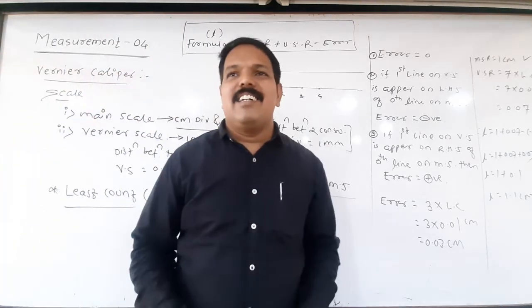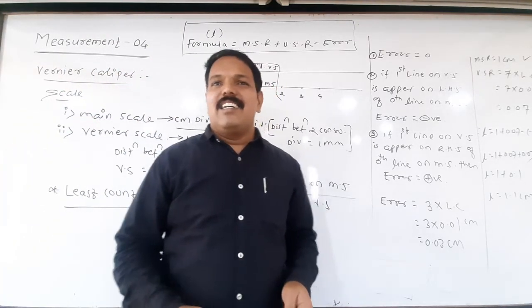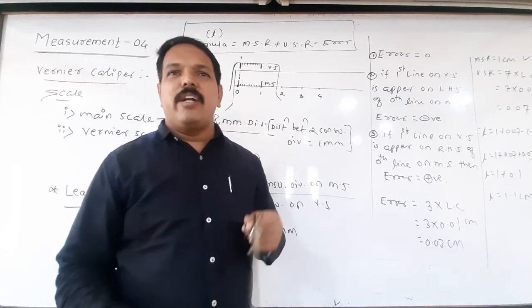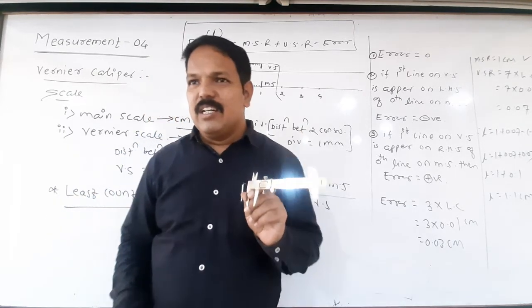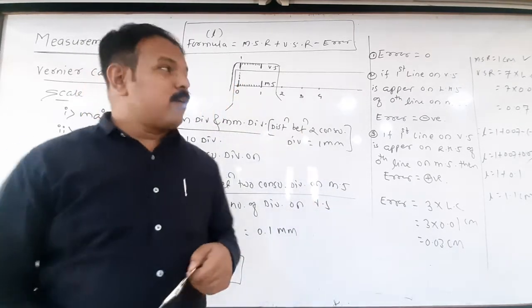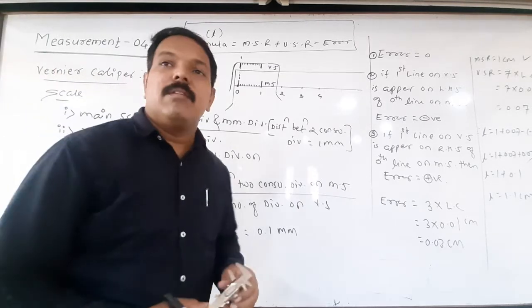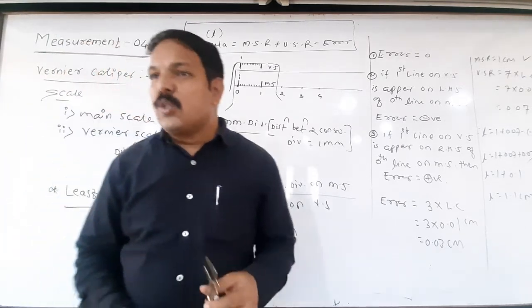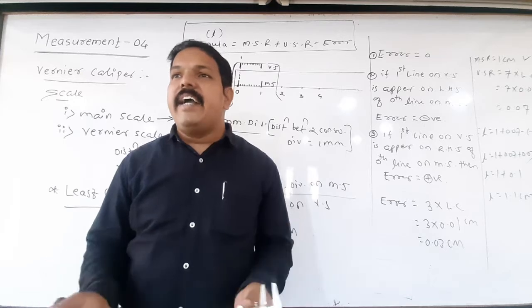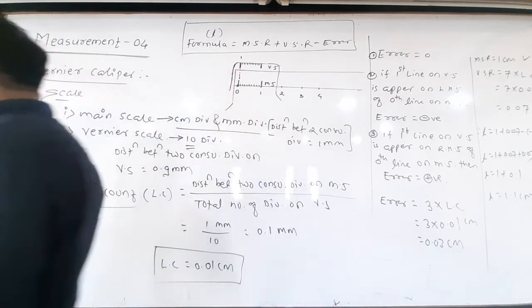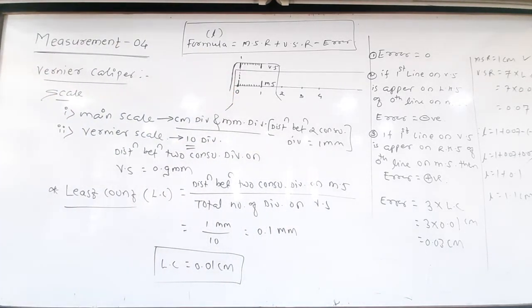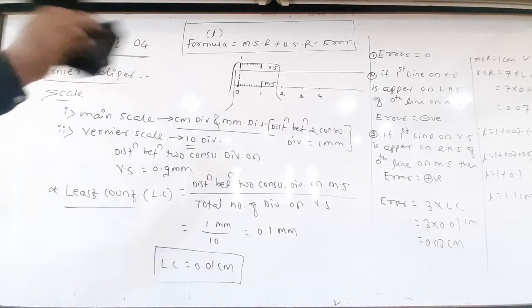Simple method. I have already explained the device. Now we are going to solve one problem, so that you will get the idea how to measure lengths accurately, more accurate than the meter scale.